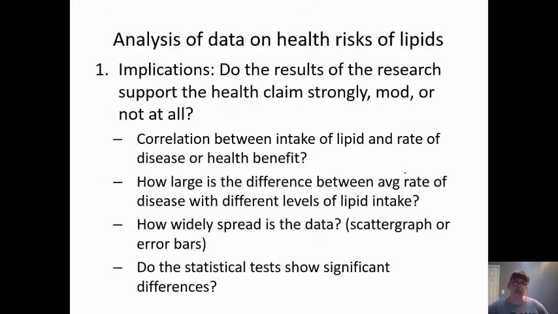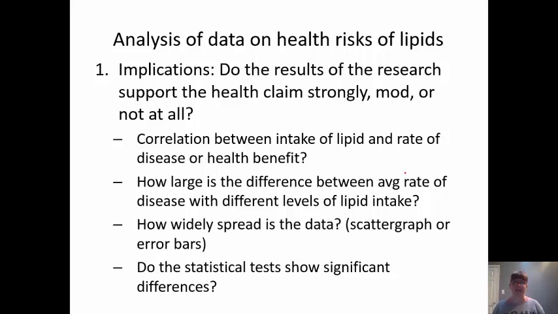All right, so when we're looking at this research, such as the research between the trans unsaturated fats and coronary heart disease, we want to look at the data and ask ourselves some questions, two questions mainly. The first one is we want to look at implications. Do the results of the research support the health claim strongly, moderately, or not at all?